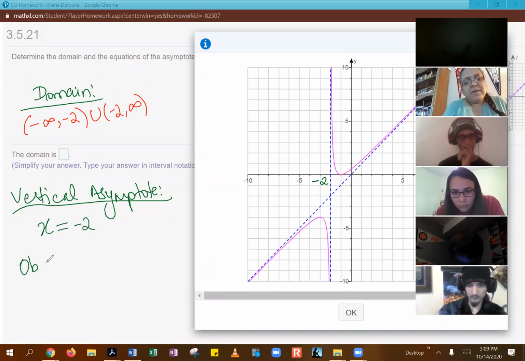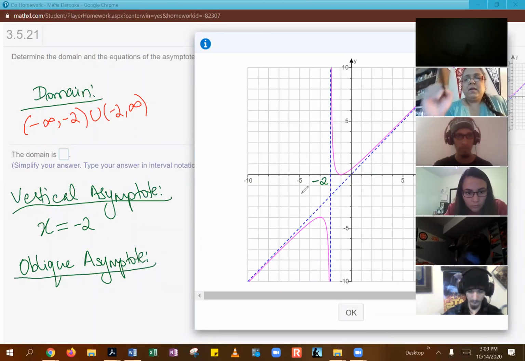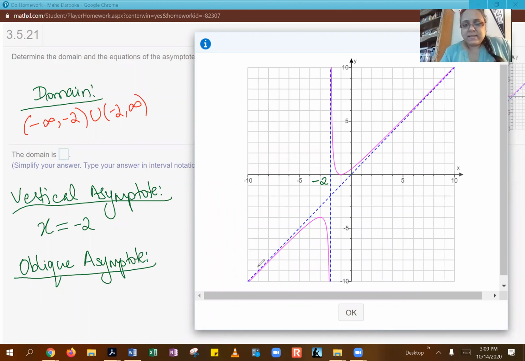Now let's talk about how we can actually find the equation for our oblique asymptote. So that's this slanted line over here. So basically the idea is, how would you find the equation for any straight line?